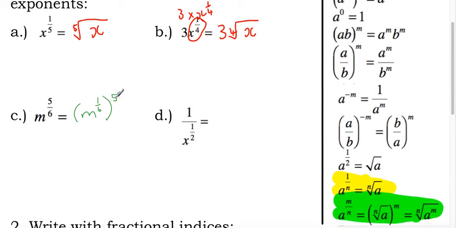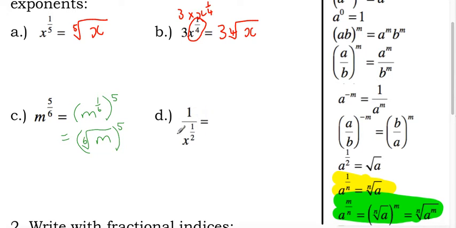Remember, it actually doesn't matter which way you put the two powers. Remember, they're the same because 5 times 1/6 is 5/6. Now for this part, m to the power of 1/6, we're using the yellow one here. So that is just the 6th root of m. And then we normally put that in brackets, and that's all to the power of 5.